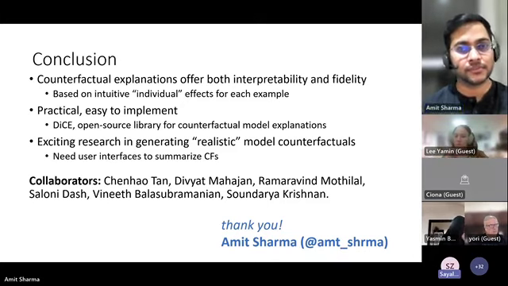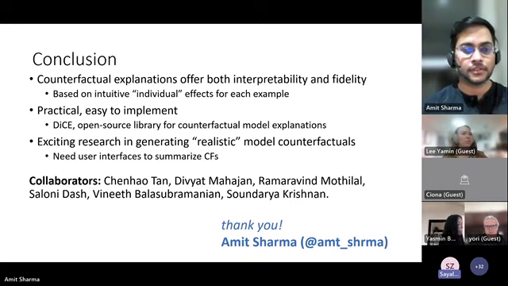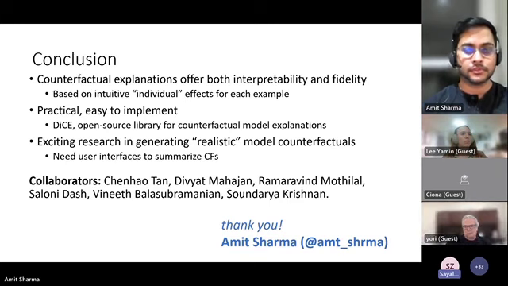Yeah, hi. Actually, I have a very basic question. I've seen the examples where you have talked about tabular data. But when we consider text data, whether it's text classification, how does it perform in terms of counterfactuals?